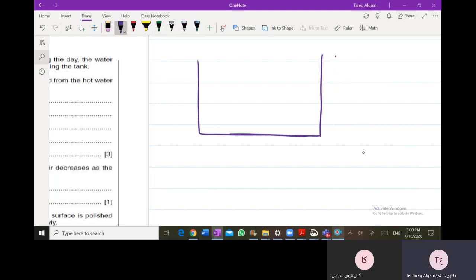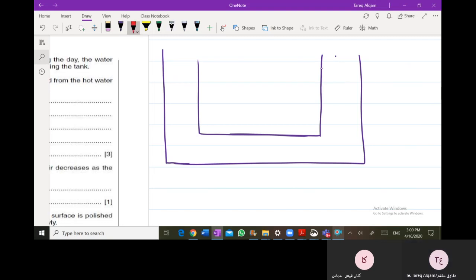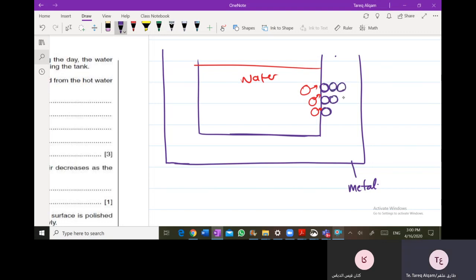To magnify the walls of the water tank, the metal, and here we have the water. You know that the water molecules are moving randomly. Here there are metal atoms, and so on.